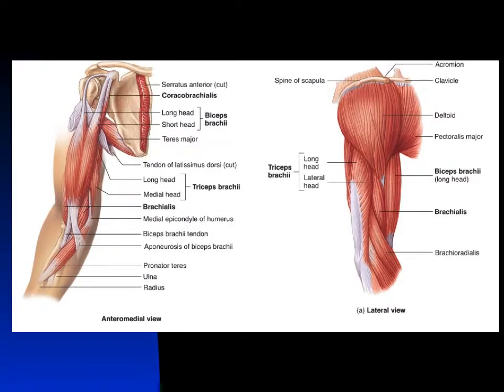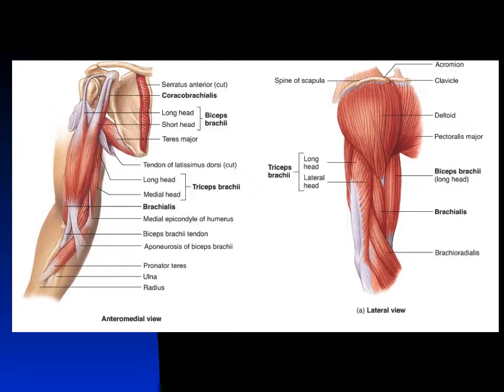Okay, and then here we have a nice picture of the upper part of the arm. You will know the deltoid. The deltoid attaches from the spine of the scapula and the clavicle all the way onto the humerus. It's used to abduct the humerus. Below that, you can see the biceps brachii on the front part of the arm and the triceps brachii on the posterior part of the arm.